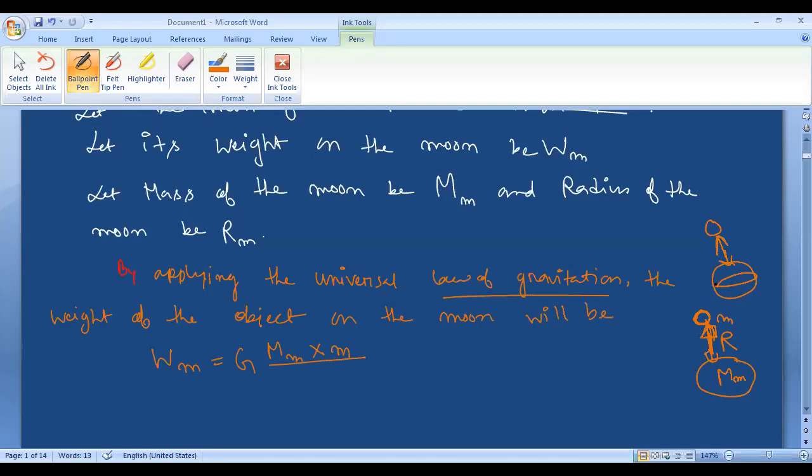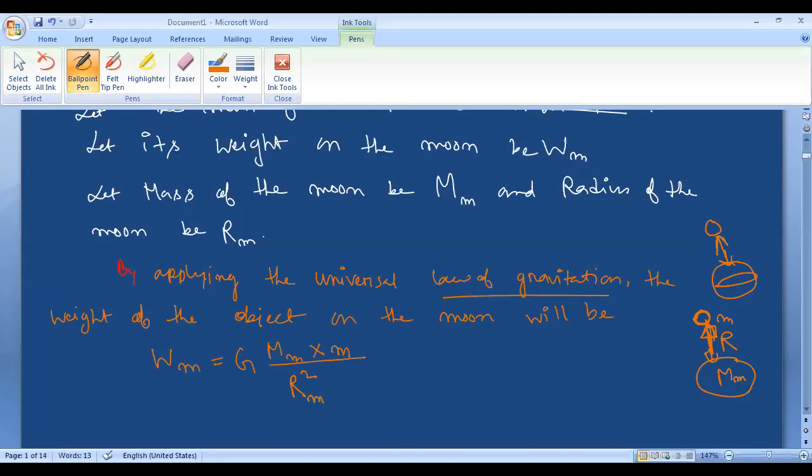In the same way, when a body is near to the Moon, the distance between the body and the Moon is considered to be the radius of the Moon. So according to the formula, it will be Rm square. All of you clear how we get the formula?